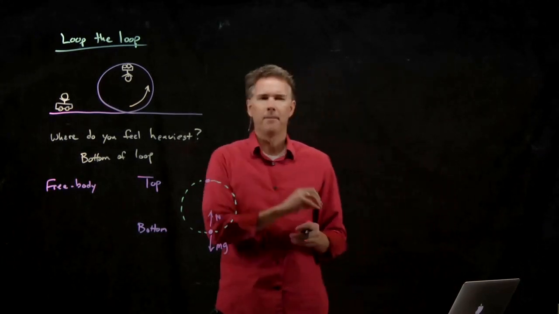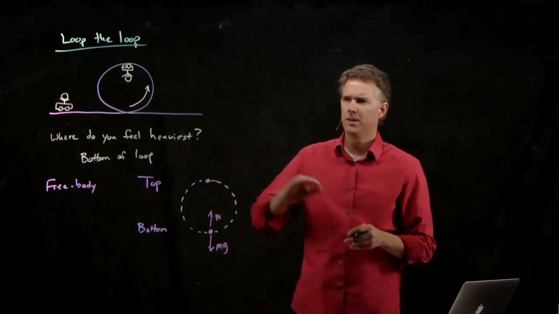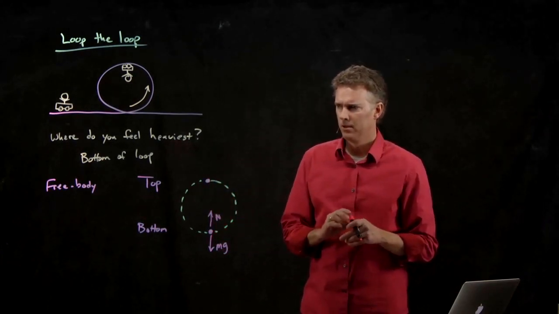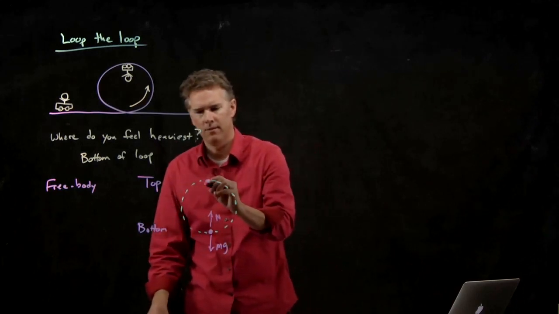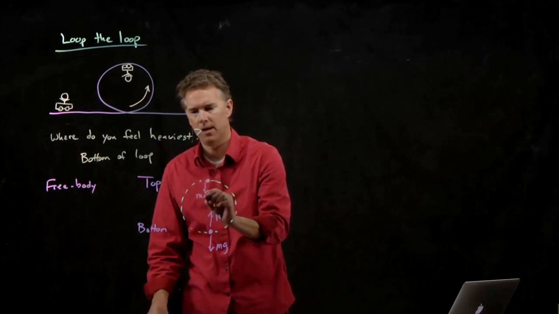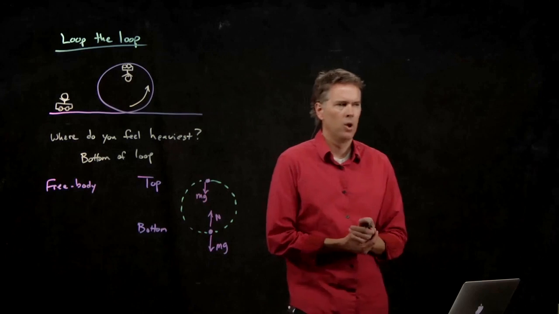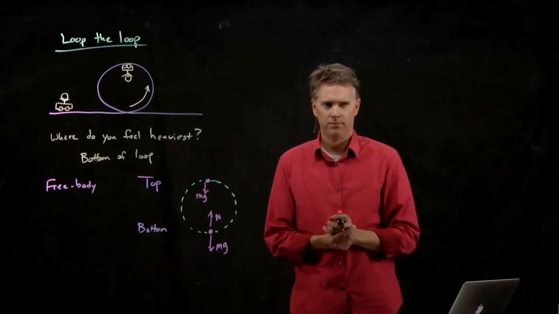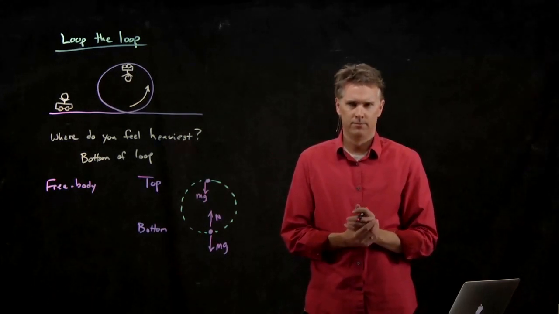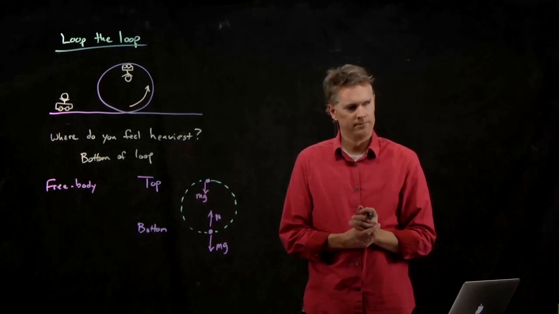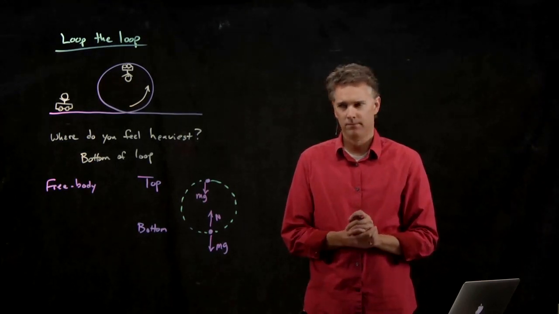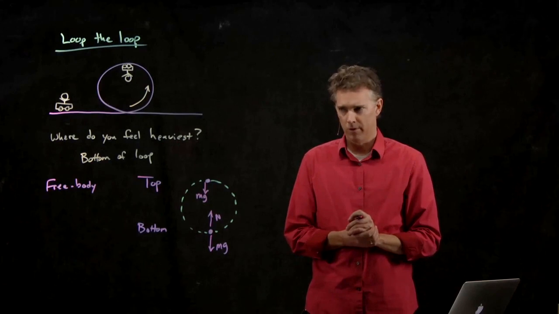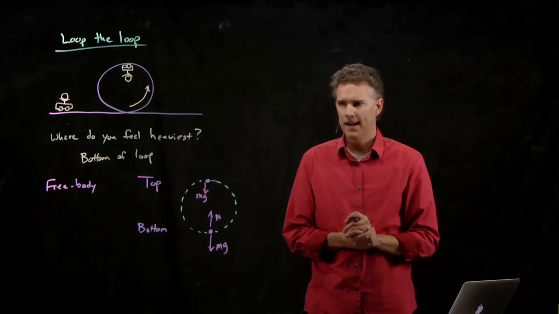What about at the top? What forces are acting on you at the top of this loop? Gravity. Down, right? Gravity's always down. What else? Anything else? Normal force from the seat acting on you.